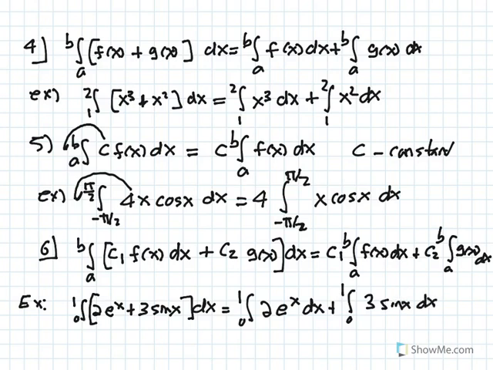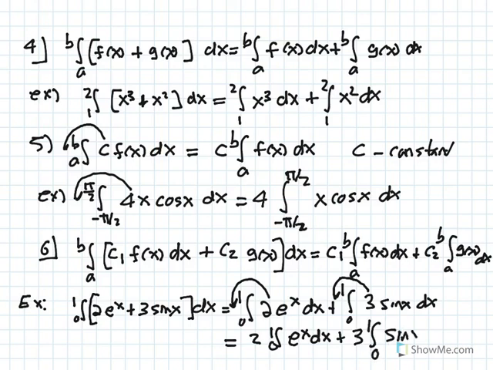But these constants pass through the integral. The 2 passes through the integral and the 3 passes through the integral. So we're going to get 2 times the integral from 0 to 1 of e to the x dx plus 3 times the integral from 0 to 1 of sine x dx.